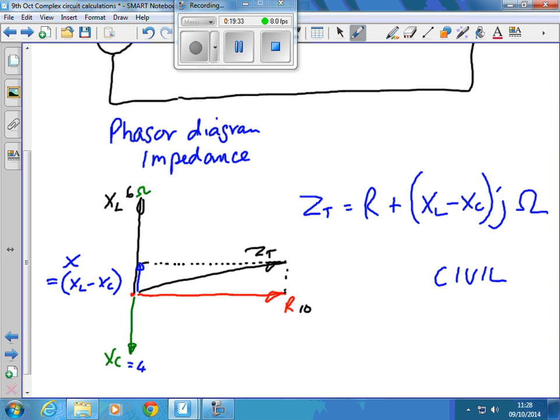Even though it's got a capacitor in it, the reactance of that is smaller, therefore the inductor is going to have a bigger effect. Okay? So we haven't done that phasor diagram. We'll now go on and do some calculations around that circuit.